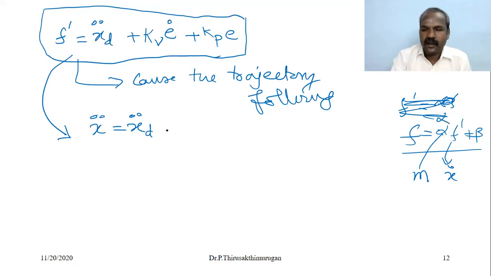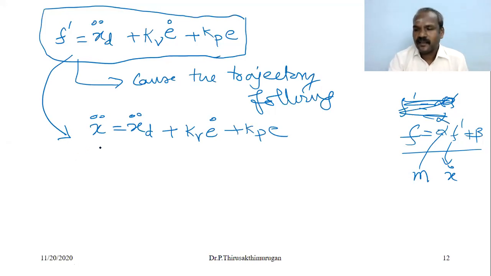So x double dot equal to this. Understand or not? Because F dash equal to x double dot for a unit mass system.